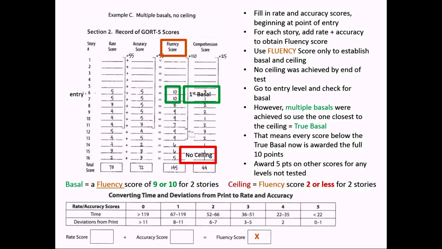This is an example of a first basal. But when we look further into the test, there's another place where they got 9 or 10 twice. So the second basal is going to be our true basal, and that's the one we're going to count.